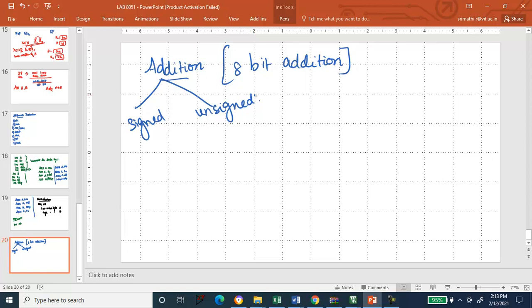For signed numbers, the 8051 will do 8-bit addition or subtraction, 8-bit manipulation. For a signed number, usually the 7th bit, meaning the most significant bit, is used for representing the sign.